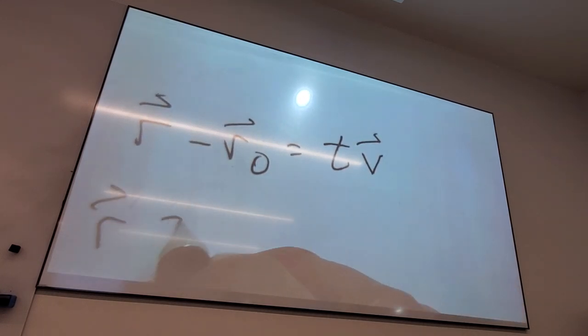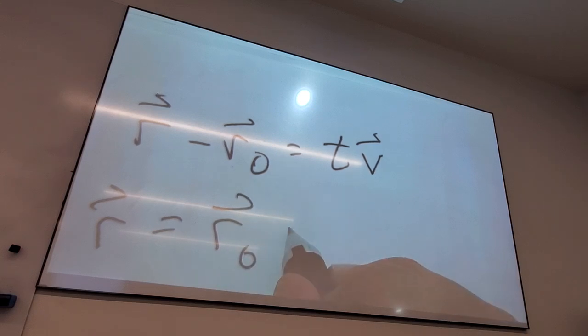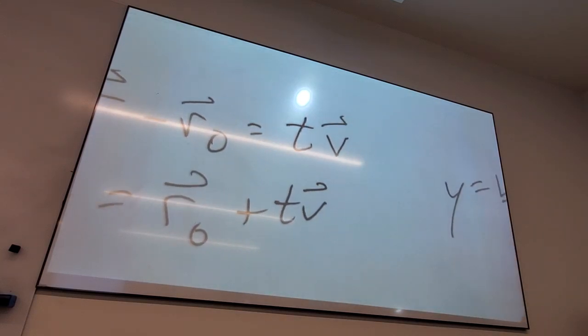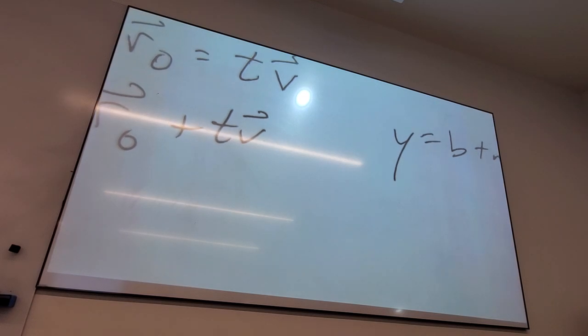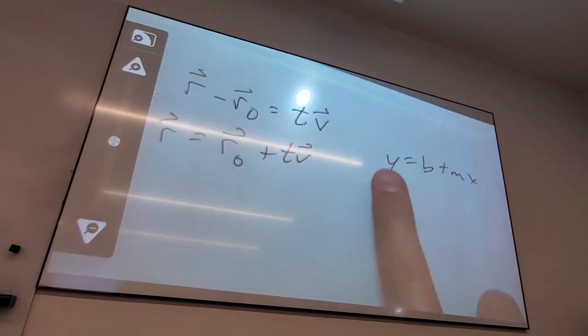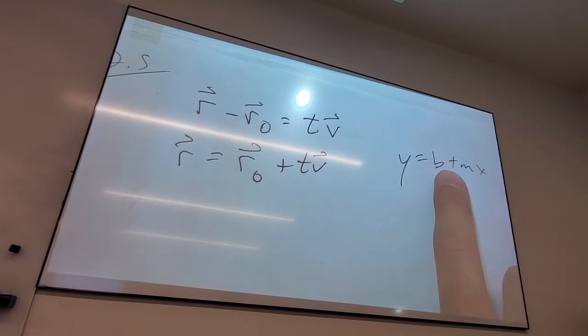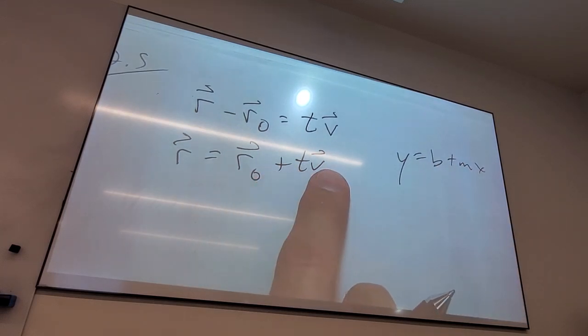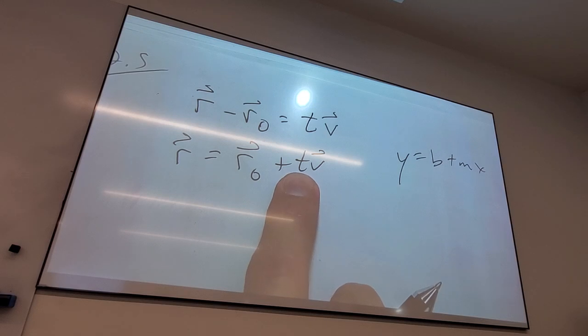So the way you normally see this written is like this, and then it really looks like y equals b plus mx if I do it like that. Y is starting point plus direction times steps. R is starting point plus direction times steps. That's all vectors instead of being just numbers. Exactly. Nowhere near as bad as you might have thought it was going to be.